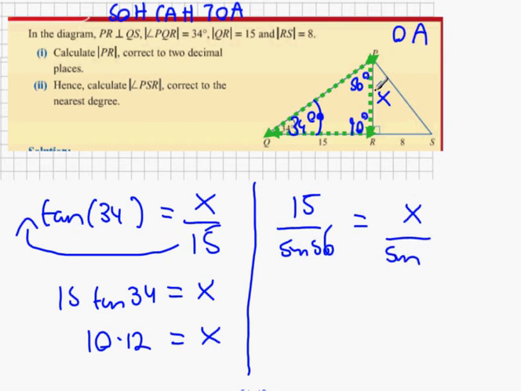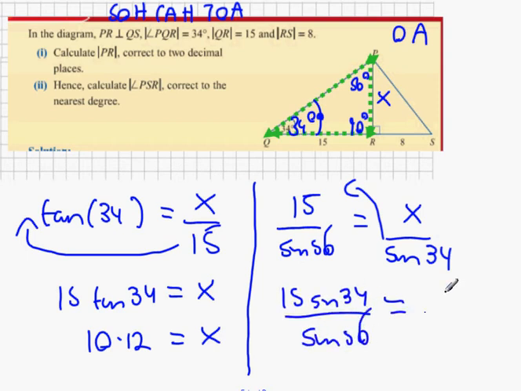What angle is opposite x? And then you brought the sine 34 up, and you got 15 sine 34 over sine 56. This is still the same question, guys. It's just some of you did it using the sine rule, which is actually okay, but it takes longer, doesn't it? Yeah. Okay, you get 10.12 again. Is that right? So you can use the sine rule or cosine rule, okay?